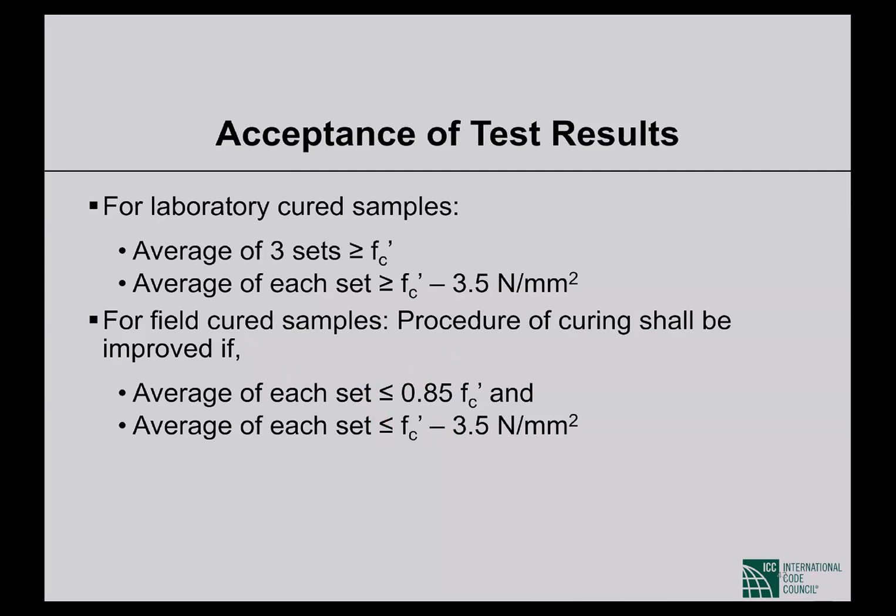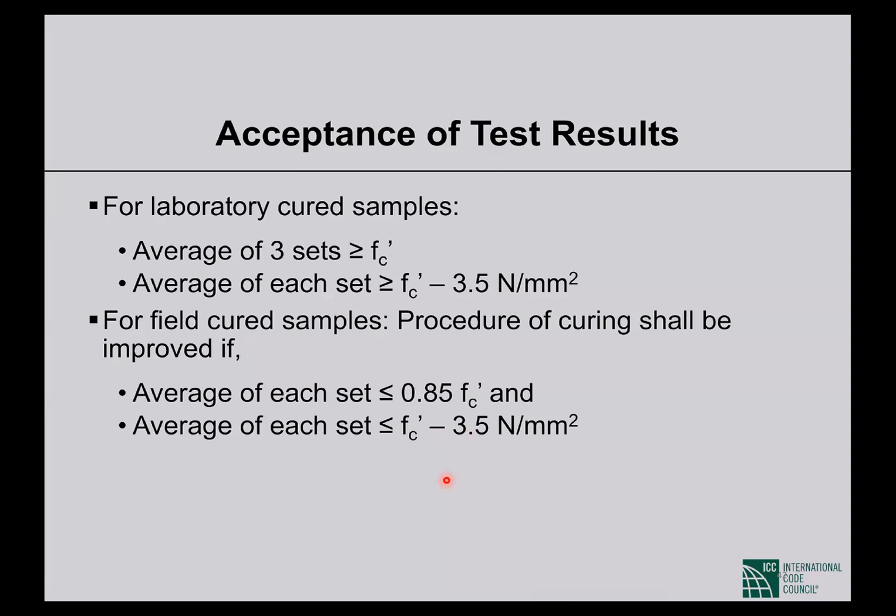So suppose you are getting an average of 3 sets less than 85% of fc prime, or an average of 1 set less than that, then you have to understand that your curing method is faulty. You have to improve the curing method.